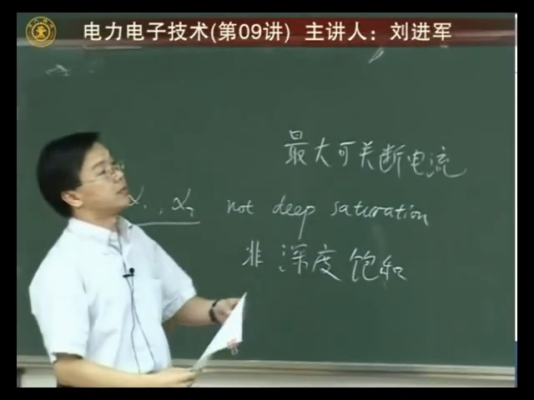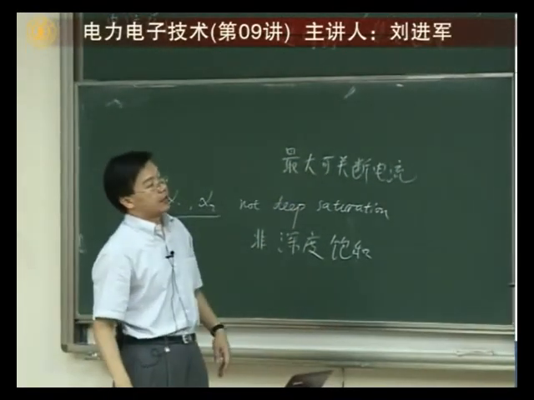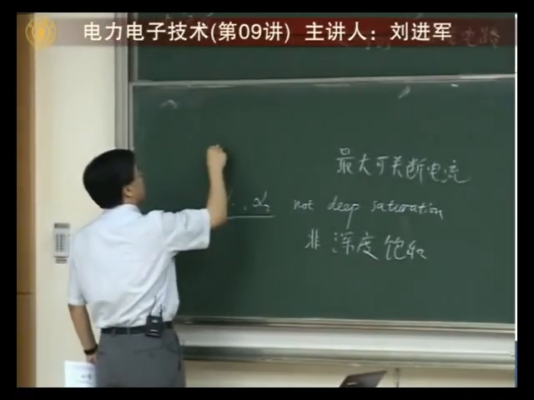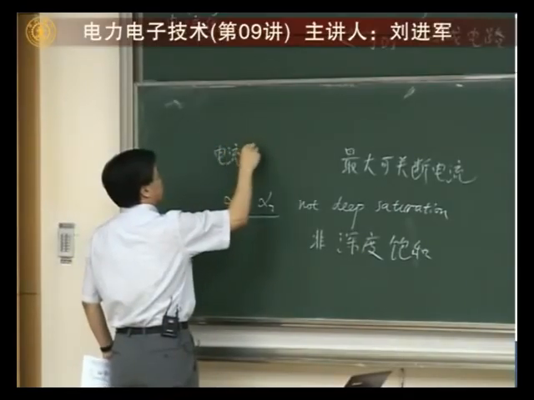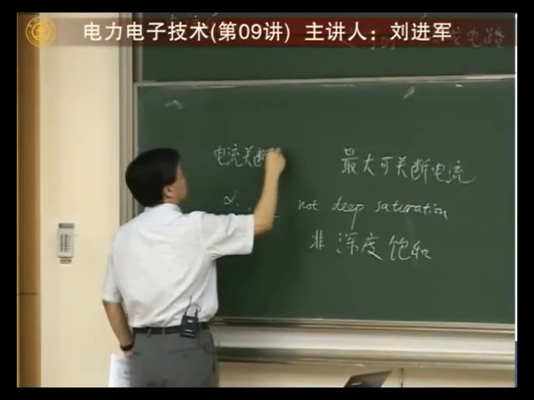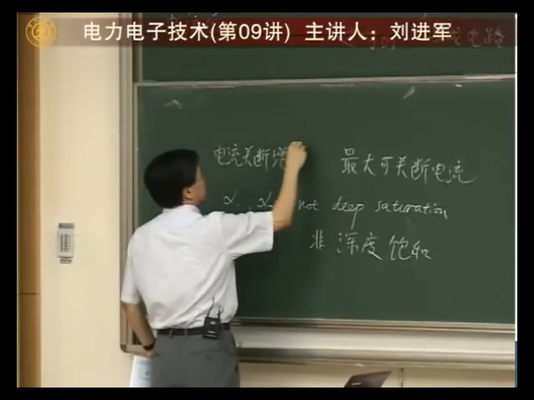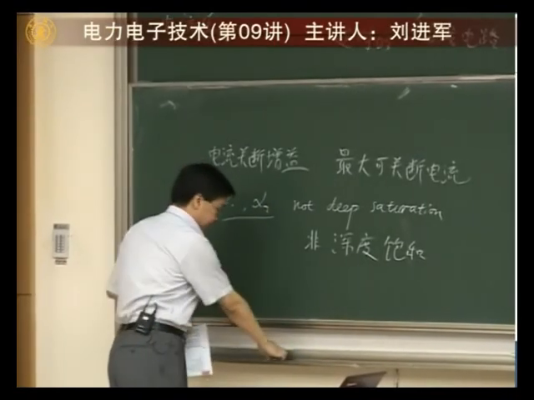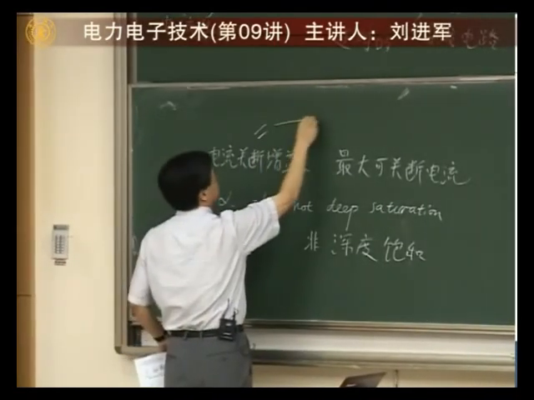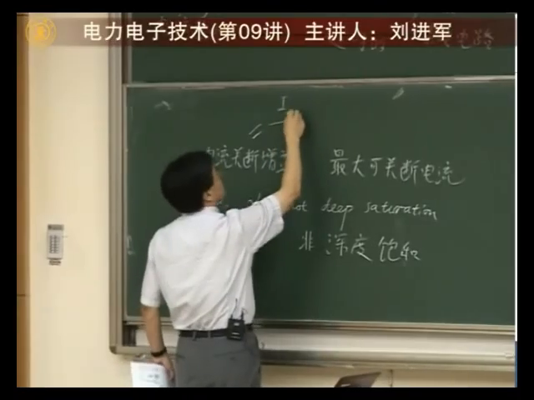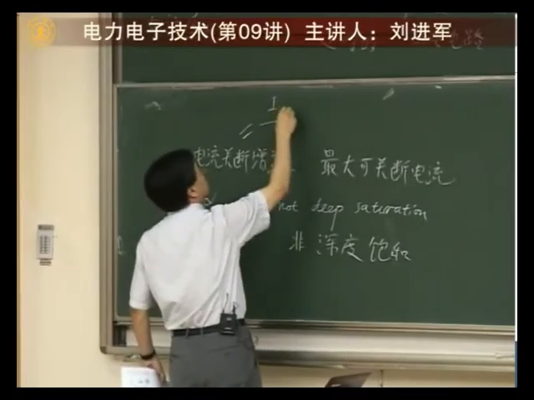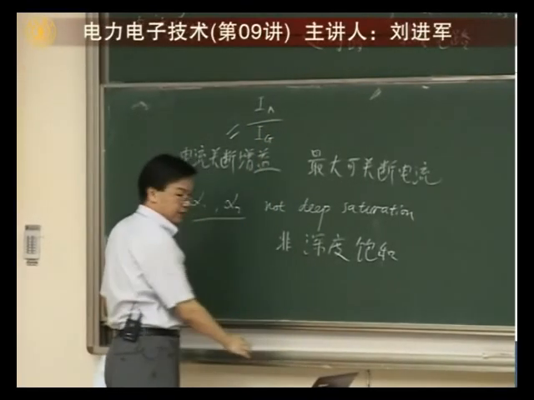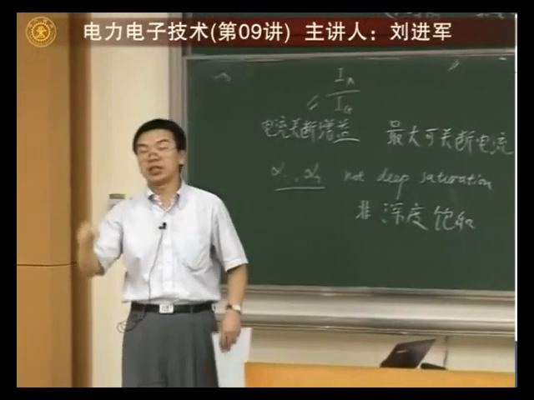Okay, there are other discussions about current turn-off gain. That means the ratio between the current you are going to turn off and the reverse gate current you have to inject into the gate.